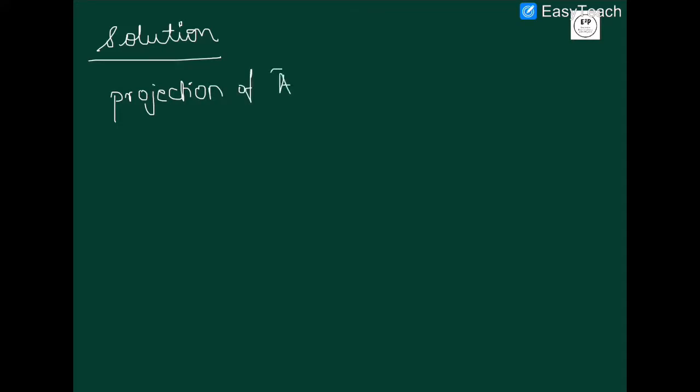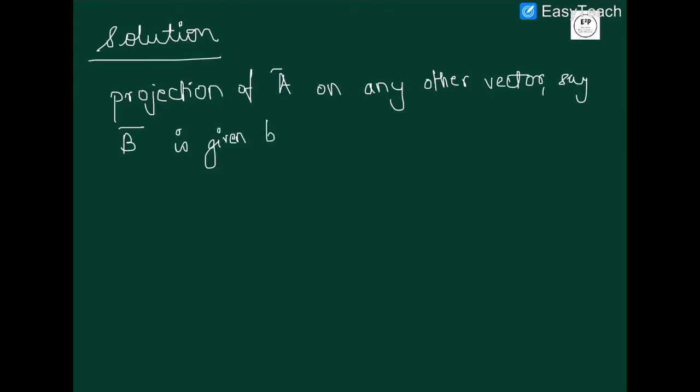of A bar on any other vector, say B bar, is given by the dot product between two vectors.